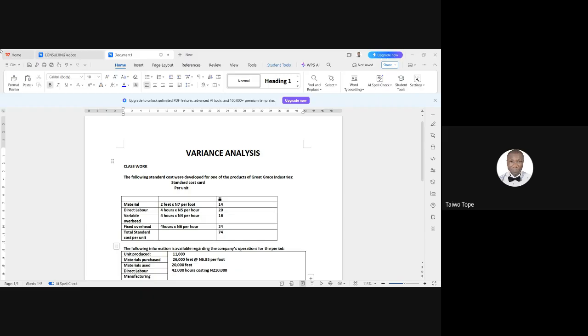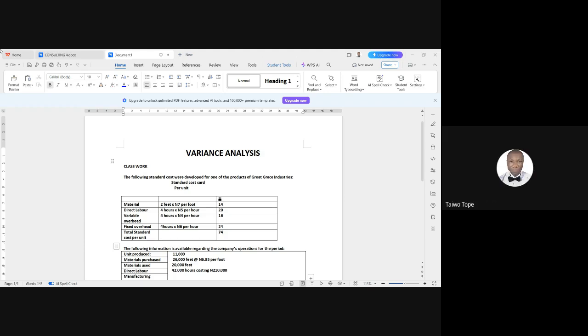So now that is for material price. Now for labor, the classification of labor in terms of variance can be in two forms. What are those two forms? Direct labor rate and direct labor efficiency variance.